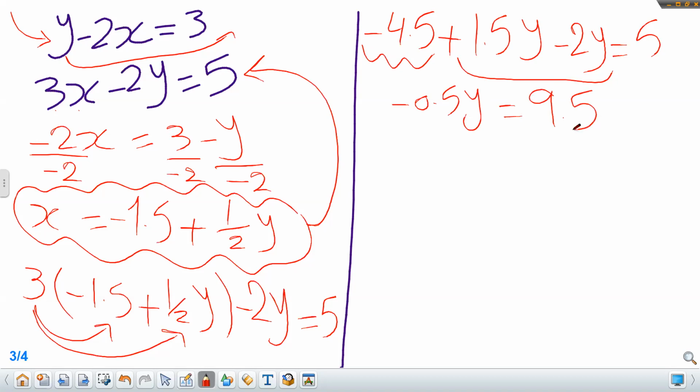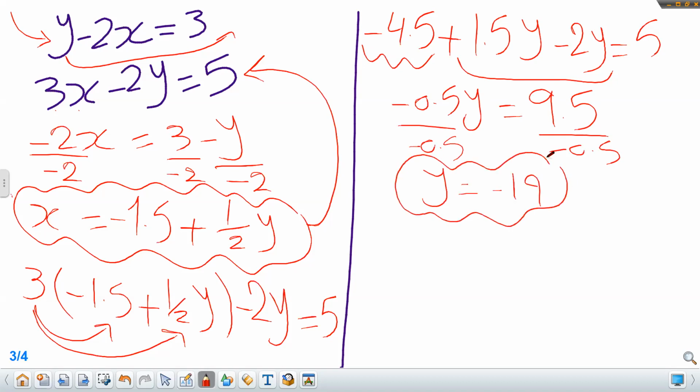Then how to find y? By dividing by negative 0.5. Then y equals negative 19. This is y. What about x? You can find x by replacing the value of y in any equation. For example, I will select this equation.